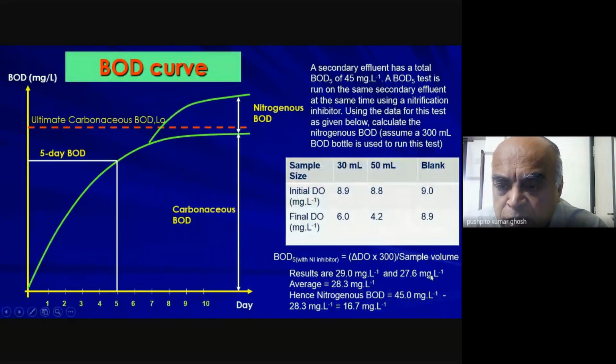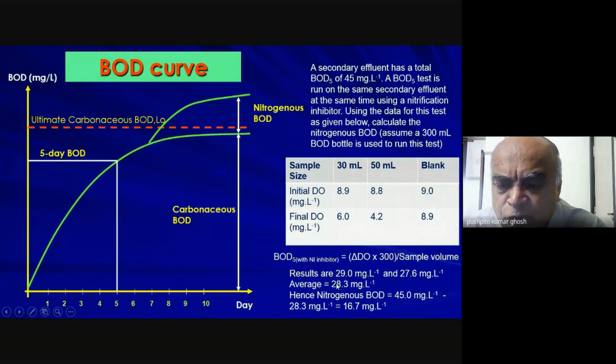So 30 and 300 will cancel out, I'll get 10, and so my BOD5 will be 29. Likewise, if I do it for the other, I will end up getting quite comparable results. It may not be exactly the same, but you know that your BOD measurements are reasonably accurate.